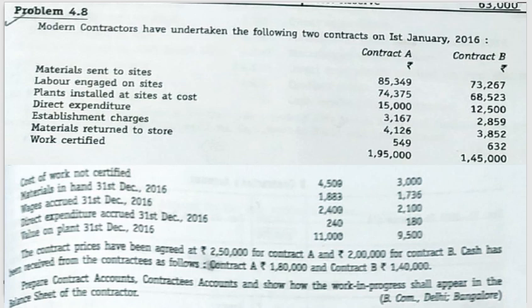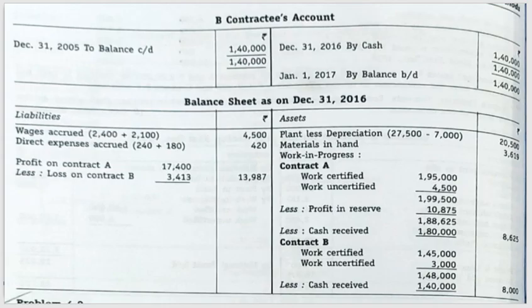As it is reduced, the depreciation is 27,500 minus 20,500, which will give you 7,000 as the difference. So that is what we have shown here. Plant value at the beginning of the year is 27,500. The closing value will be shown on the asset side, which is 20,500. So the depreciation which has been charged is the difference of 27,500 minus 20,500, which gives you 7,000.